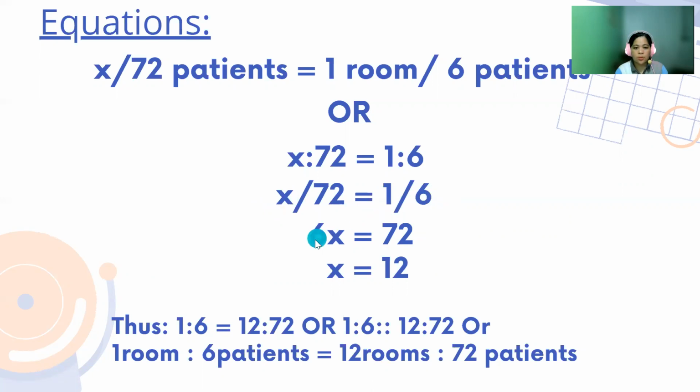x times 6 equals 6x. And then 72 times 1 is 72. To get x, divide by 6. 6x divided by 6, and 72 divided by 6. So x equals 12.